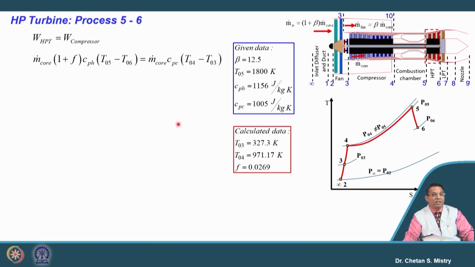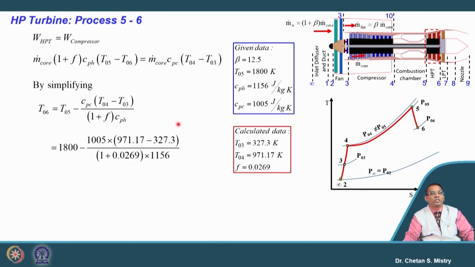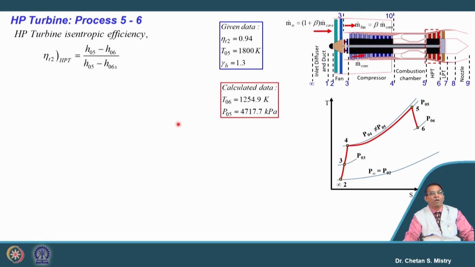Be careful, again nothing is mentioned in terms of bleed, so we will write this equation straight away, and from that we will calculate the exit temperature from the HP turbine. Since the entry turbine temperature is 1800 Kelvin, we get the exit temperature to be 1254.9 Kelvin.